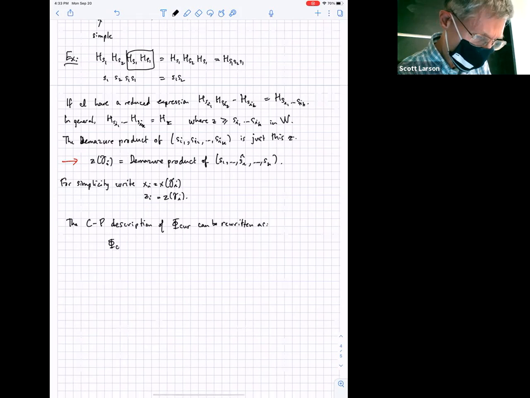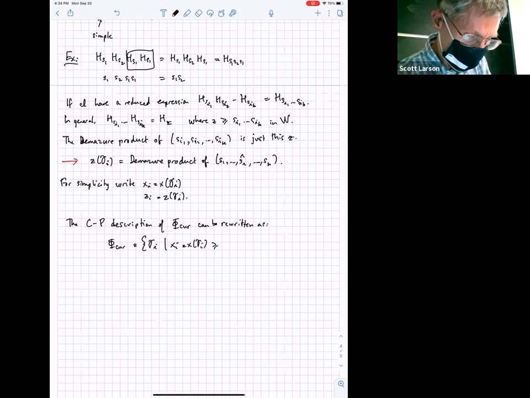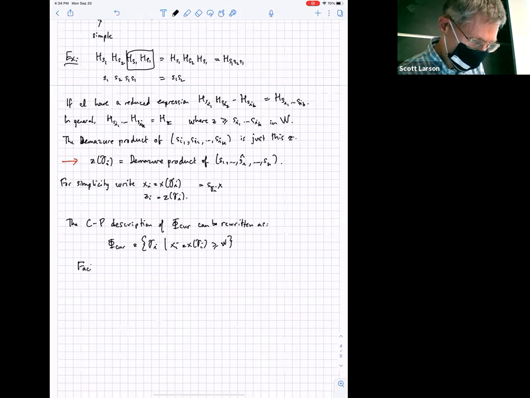Phi cur is the set of all gamma i such that xi, which is just x of gamma i, is bigger than or equal to w. Because xi is this s of gamma i times x, what I said before. So in terms of this, it's kind of simple. The key insight to what we're doing here is the following important fact.